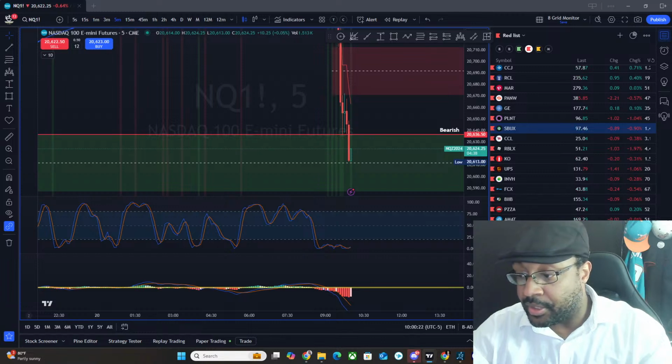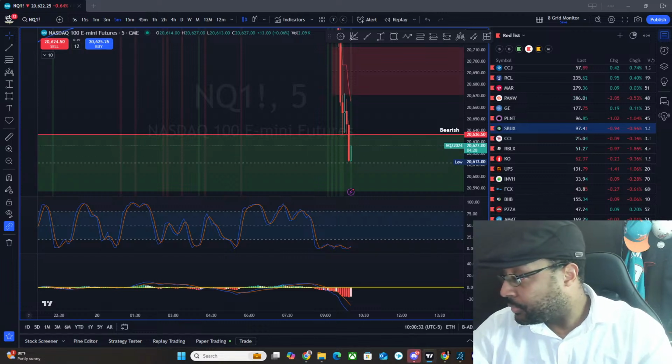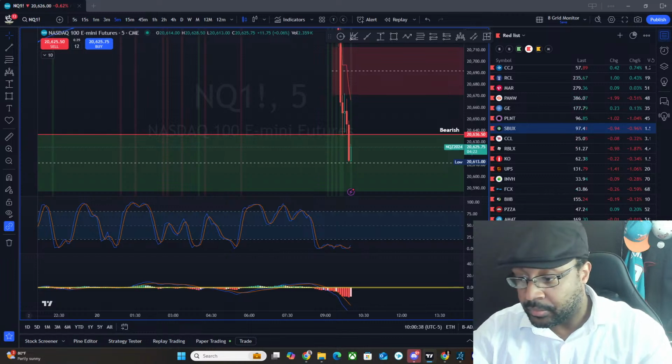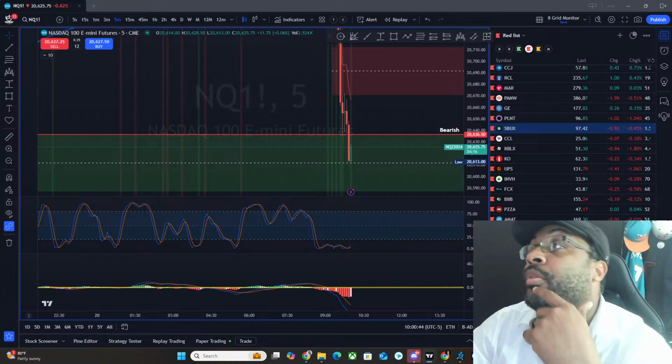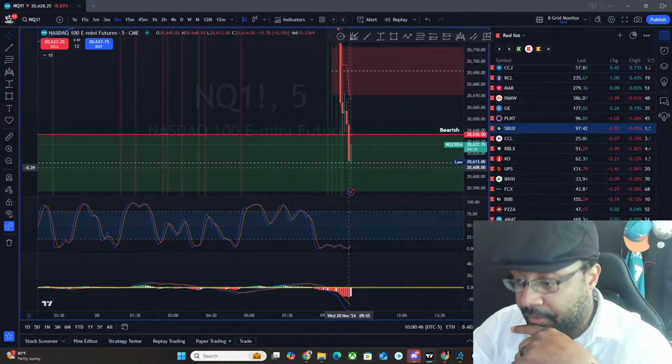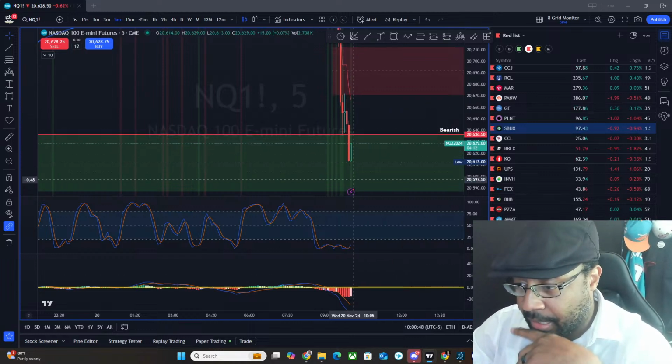They're probably going to pull this back. Here's the new 1 hour candle. Assuming that the opening range breakout holds its position, that's what I'm kind of banking on.